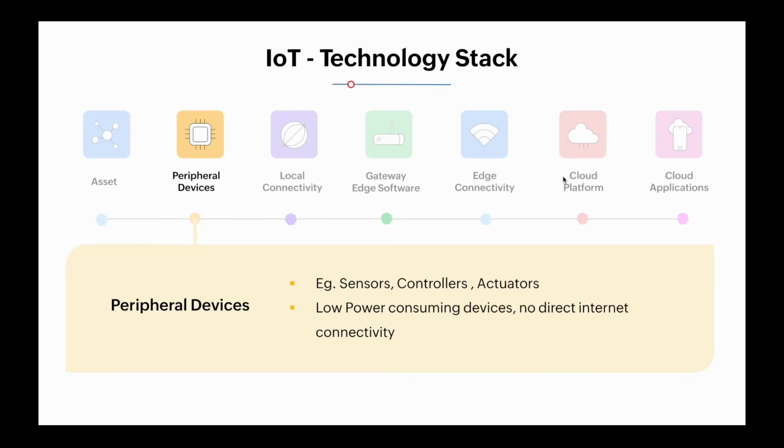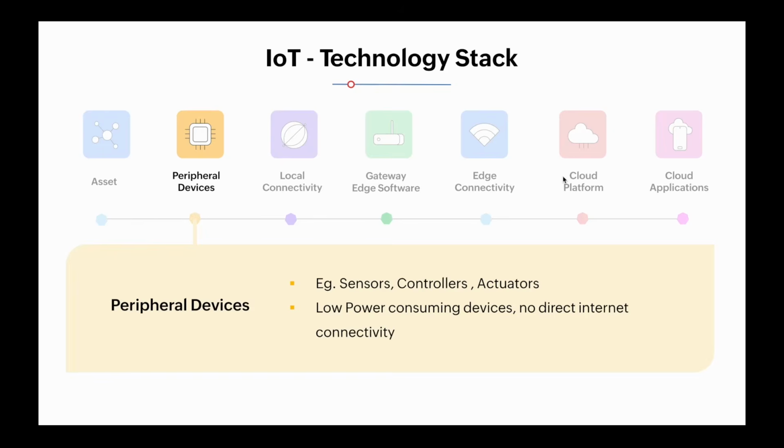Most of these peripheral devices have a low resource footprint, do not have direct internet connectivity, and have low power consumption. Many of these sensors will also run on batteries. These constraints are required to make it an economically feasible solution to deploy in multiple places.